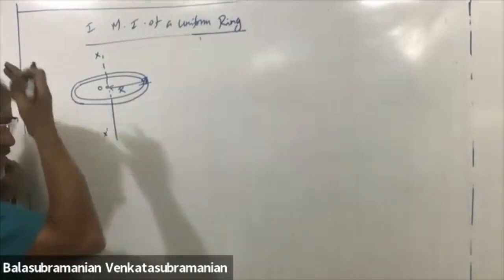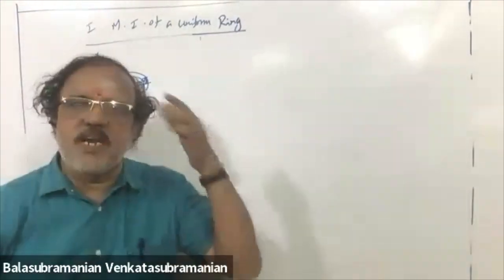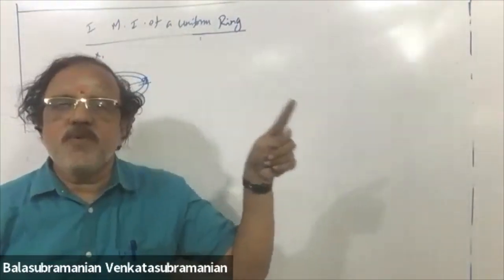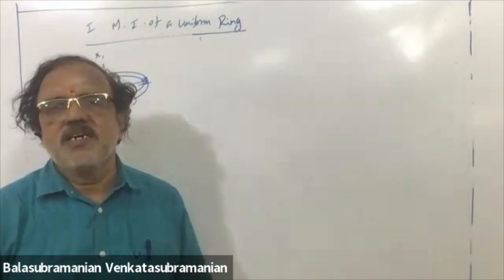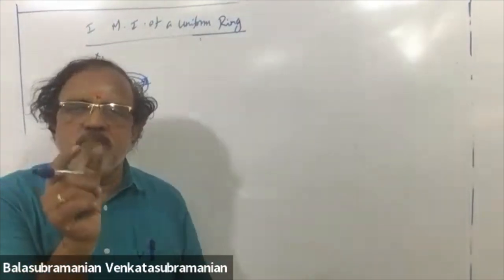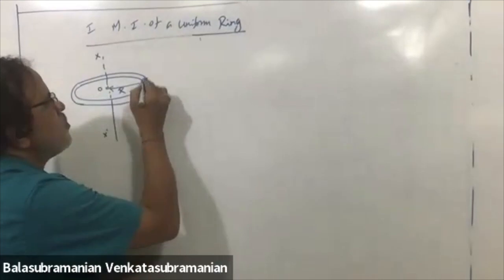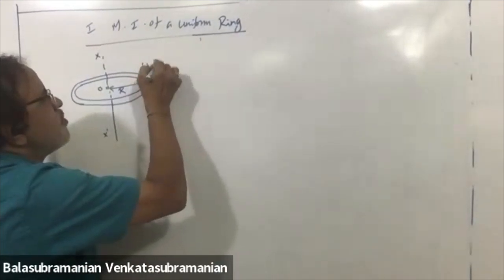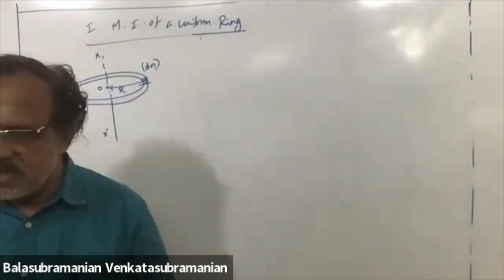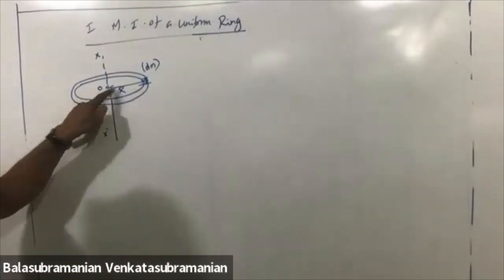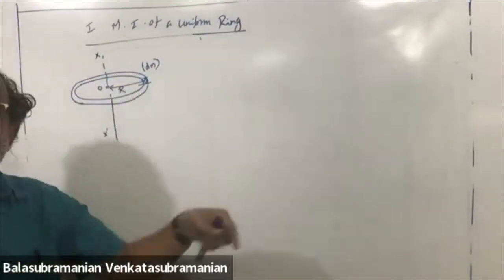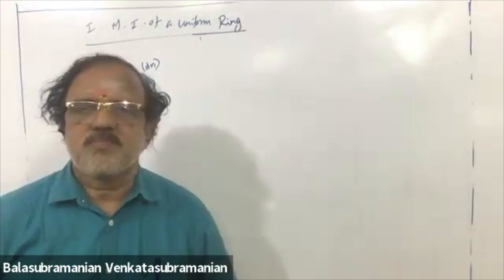We have to consider a small portion of the ring. Small portion of the disc we have calculated. Similarly, take a small portion of the ring whose mass is dm, which is at a distance of r from the center, that is nothing but the radius.